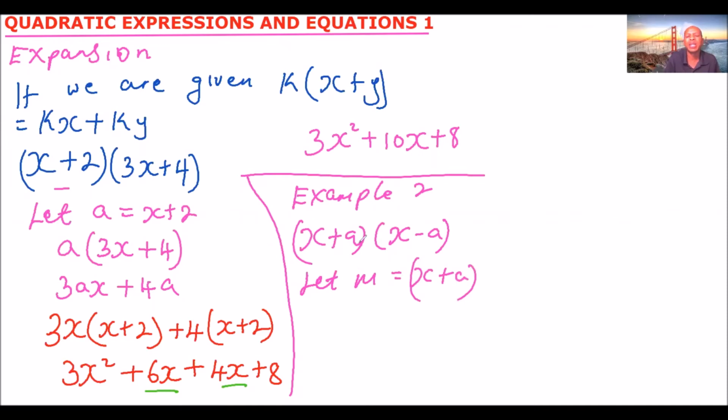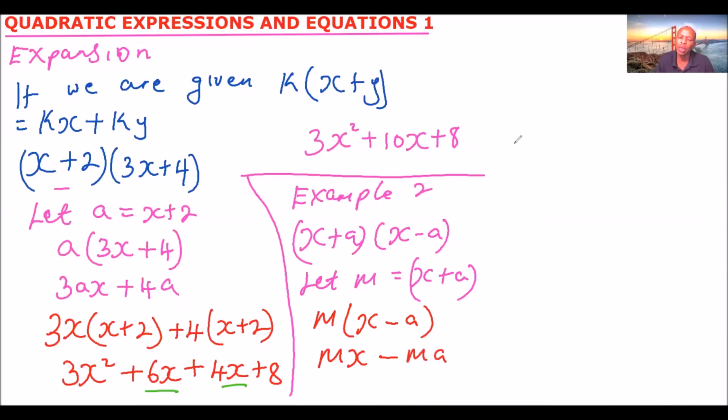So we can now substitute our m here and say our expression will be m multiplied by (x - a). And just like we have done in the first expansion, we expand here, this will give us mx minus m times x minus m multiplied by a, that will give us ma.